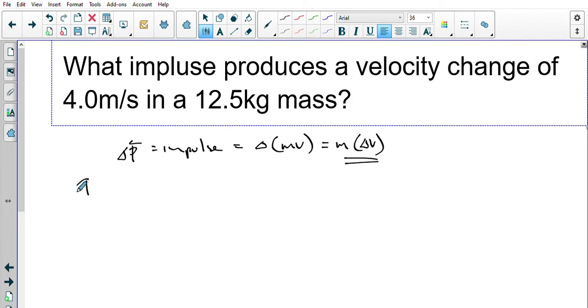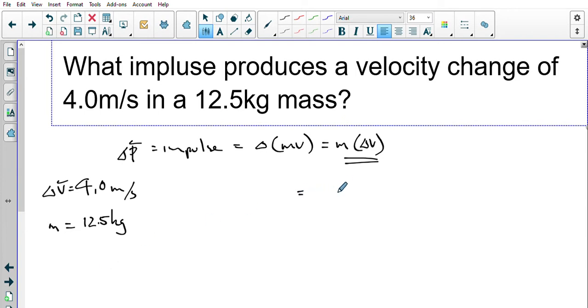So the 4 meters per second is our change in velocity, and the 12.5 kilograms is our mass. We can substitute in these values.